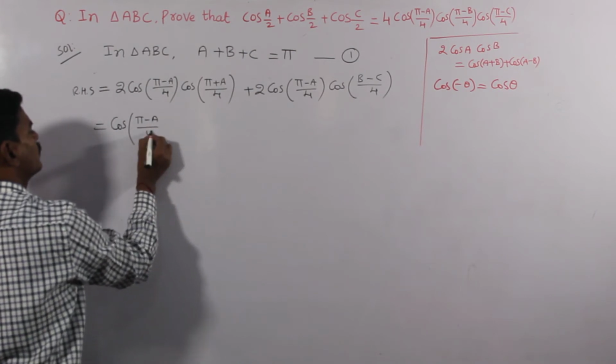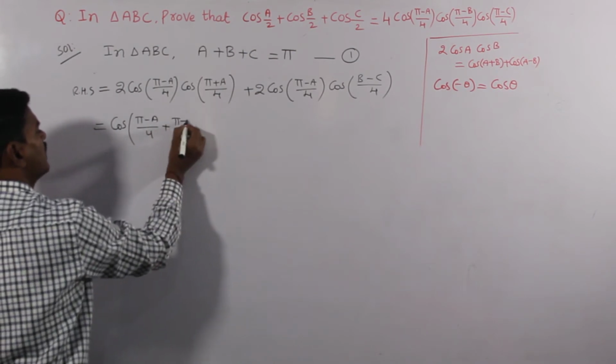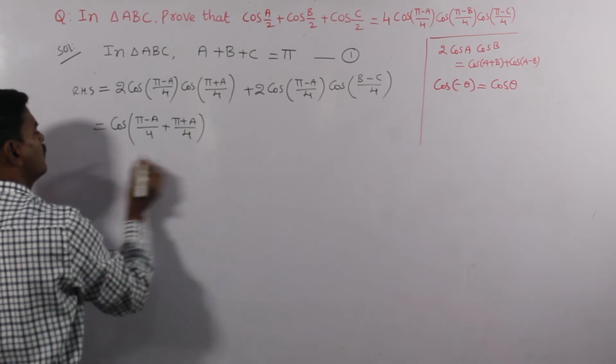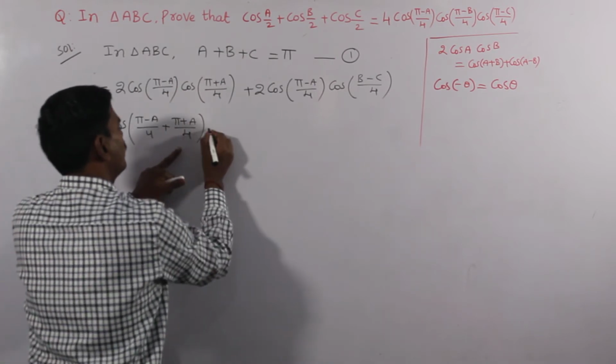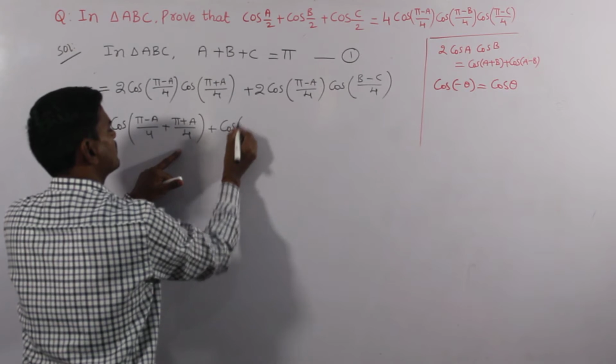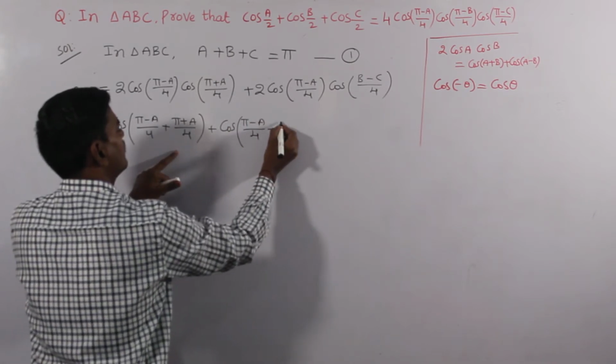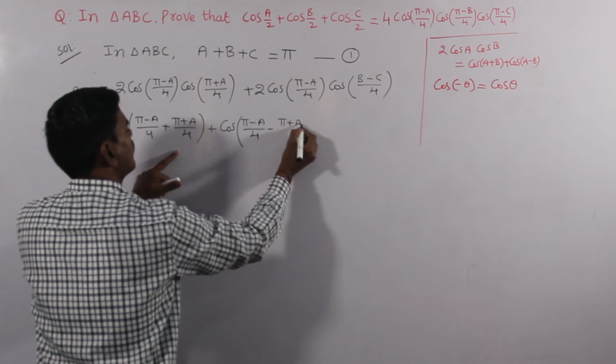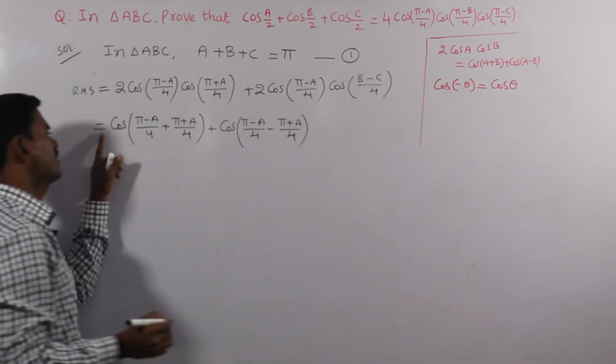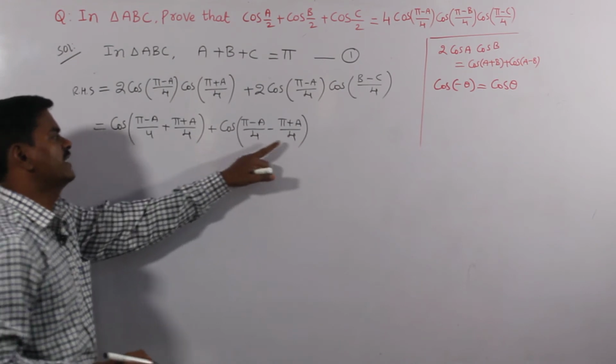Pi minus a by 4, plus b, pi plus a by 4. So I wrote cos of a plus b; plus, I should write cos of a minus b: (pi minus a) by 4 minus (pi plus a) by 4.